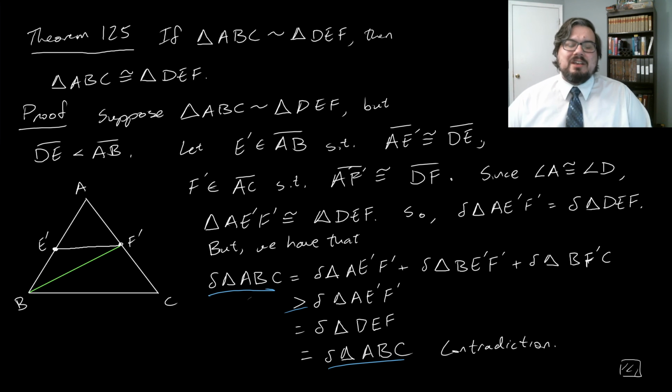So in fact, angle, angle, angle is a congruency statement in hyperbolic geometry, not a similarity statement. However, do note that there is no angle-angle theorem in hyperbolic geometry. Our angle-angle theorem that we had before was based on the sum of angles inside a triangle always being 180, which we don't have here.